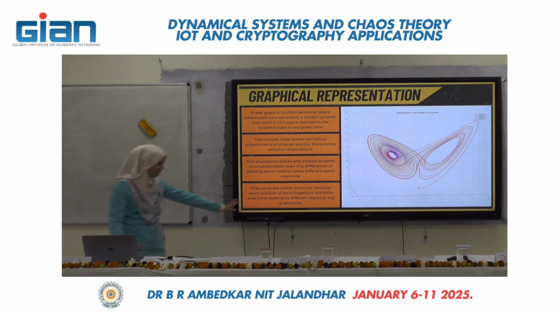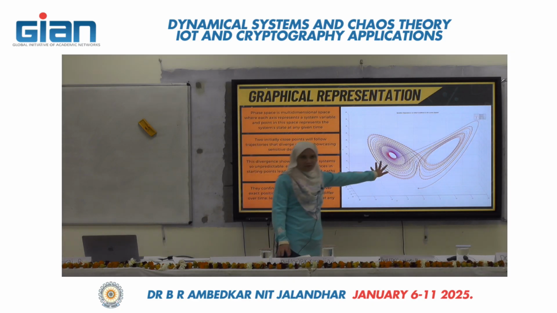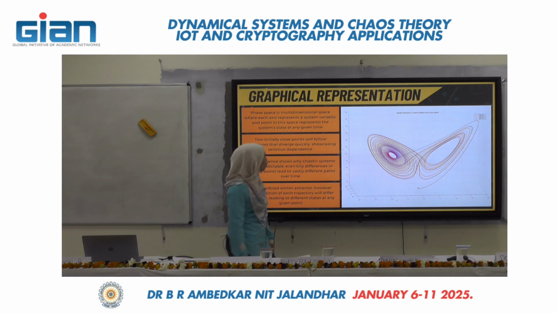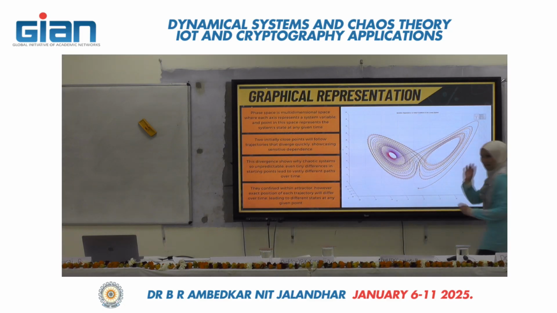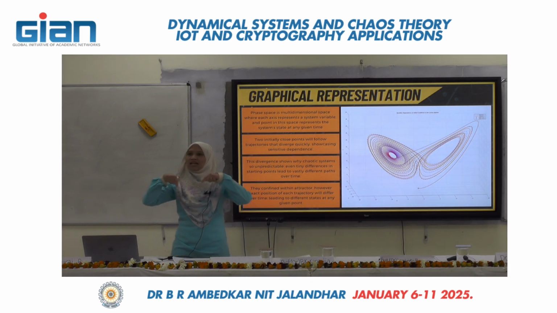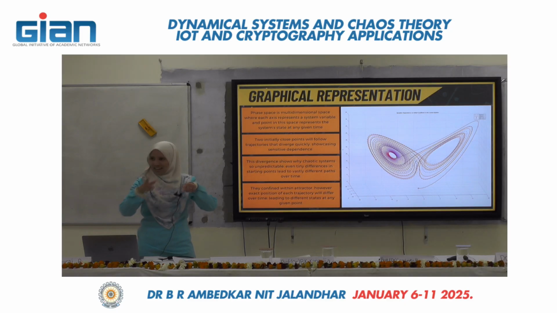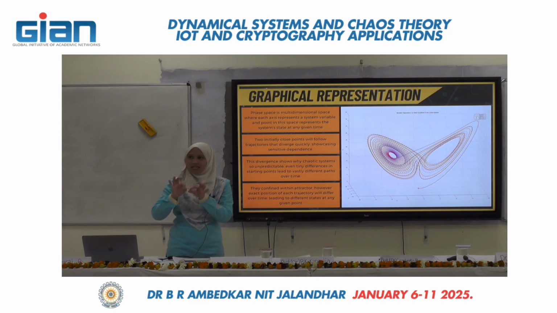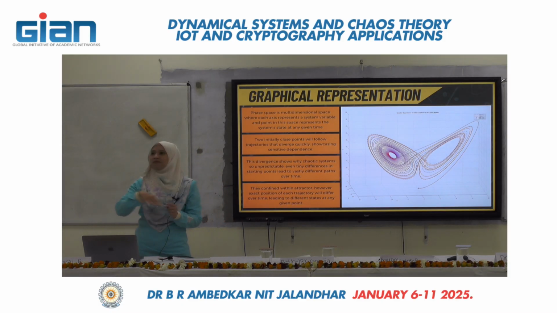And this is the graphical representation of the phase space. I'm giving you slightly different initial conditions, but as you can see, the trajectories between these two points become very different. But it's still confined, like the same picture, right? Why is that happening? Even though the results are different, it's still confined in the same butterfly.